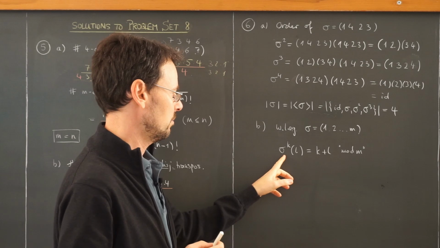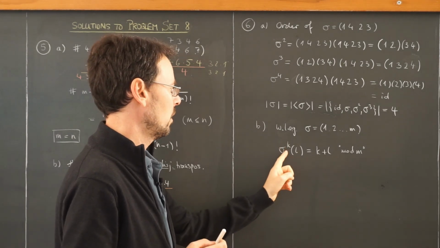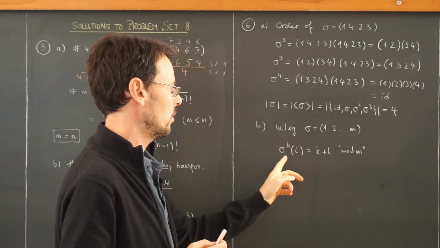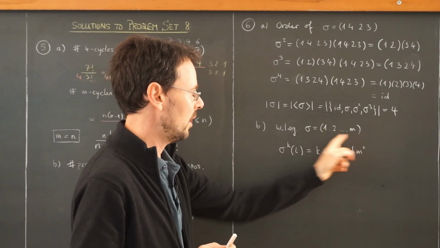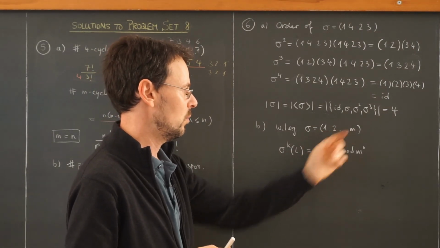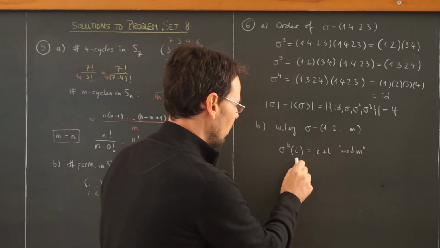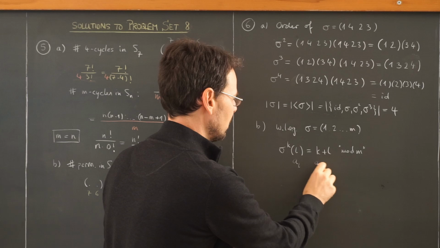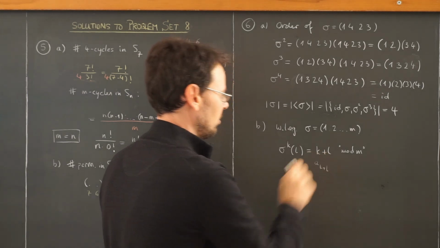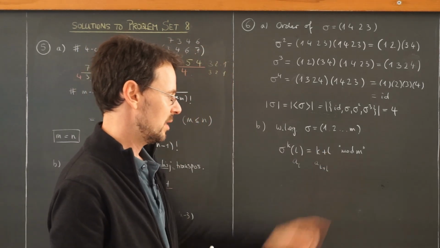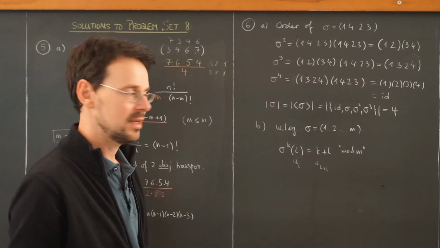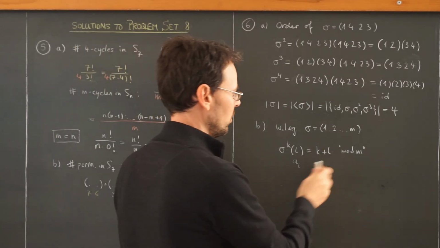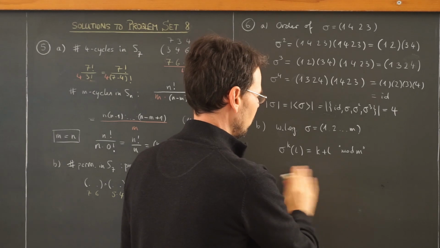What does this mean? So, sigma to the kth power applied to L. L is any number between 1 and m, or if this isn't general enough for you, you could write A sub L and here A sub k plus L. Now what does this mean mod m, or as explained in the hint, the smallest remainder modulo m? This means the following.